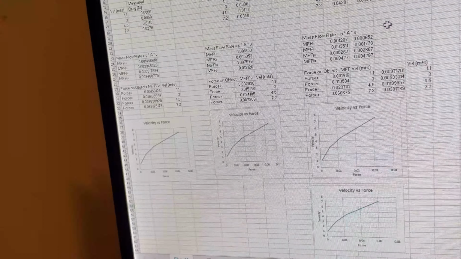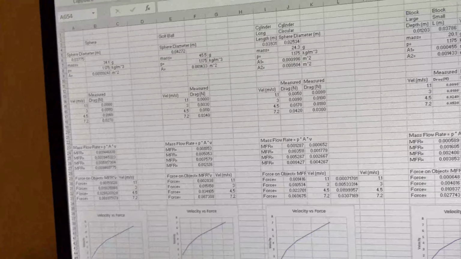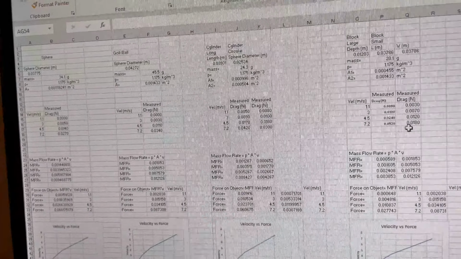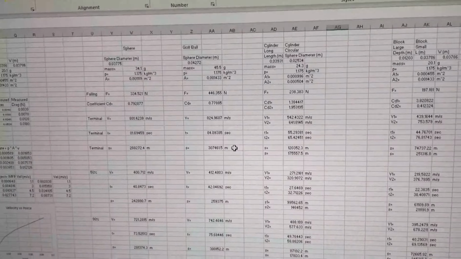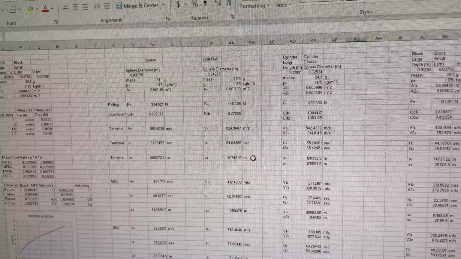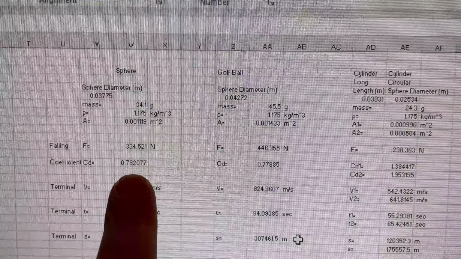Clicked on the wrong thing. So I took the 7.2 velocity as my baseline to calculate my coefficient of drag, coefficient of friction, whatever coefficient you want to say it is. In this scenario, it's drag. So I used that to solve for my coefficients of each.